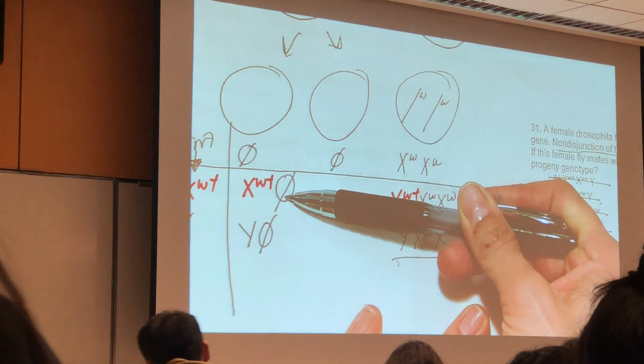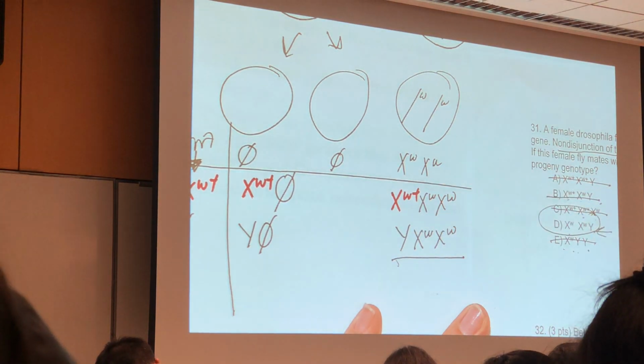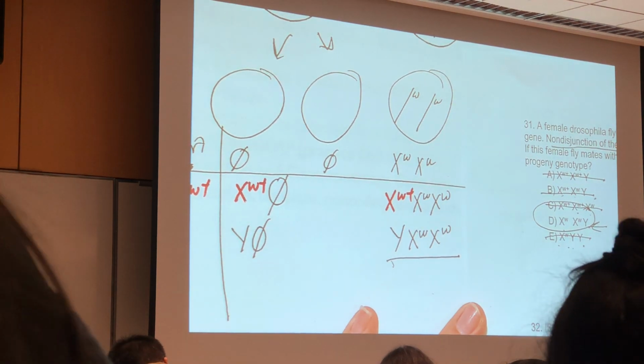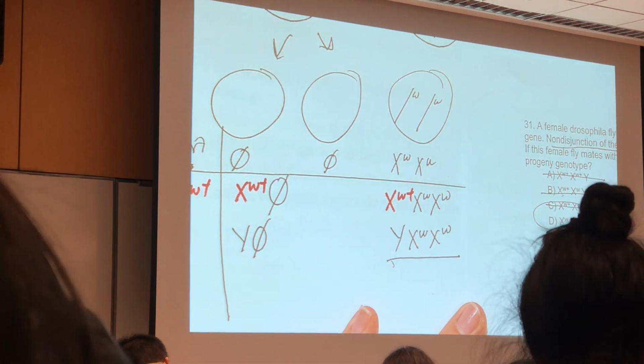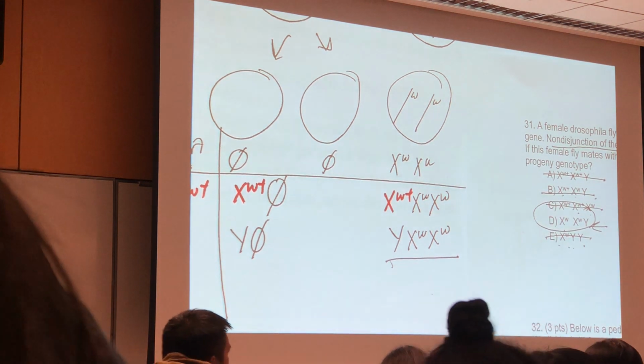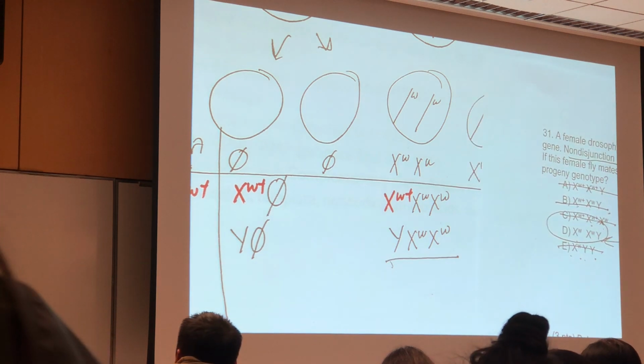Shannon? If there was non-disjunction in the male, can the X and the Y segregate on one side together and the other X and Y, instead of like the X and the X and the Y and the Y? You guys want me to draw non-disjunction of the sex chromosomes in a male?